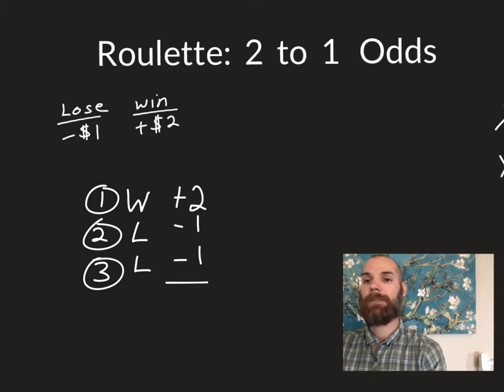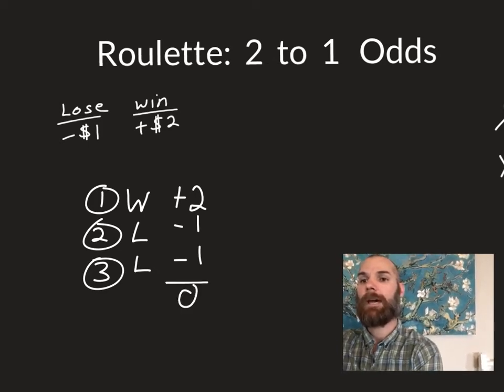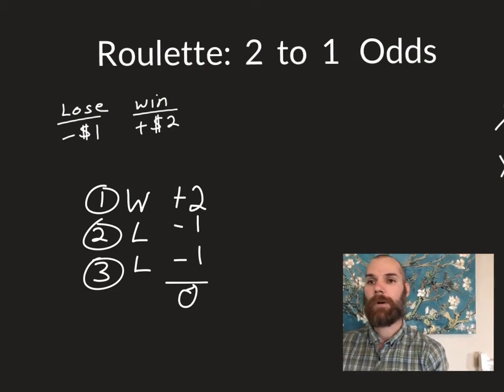If you add those up, you can see we'll be at a net of 0, breaking even. So if I were to play 3 times, I would need to win 1 time out of every 3 times that I play in order to just break even.